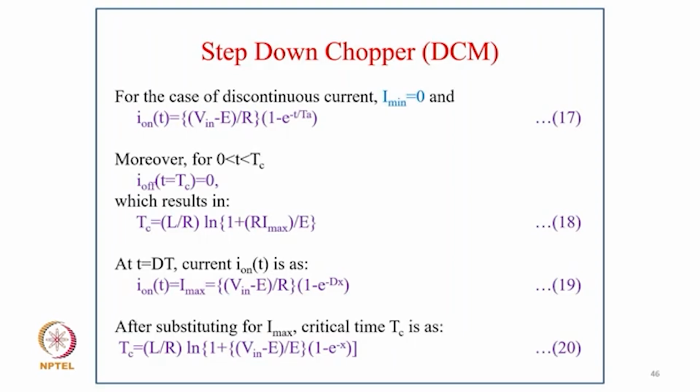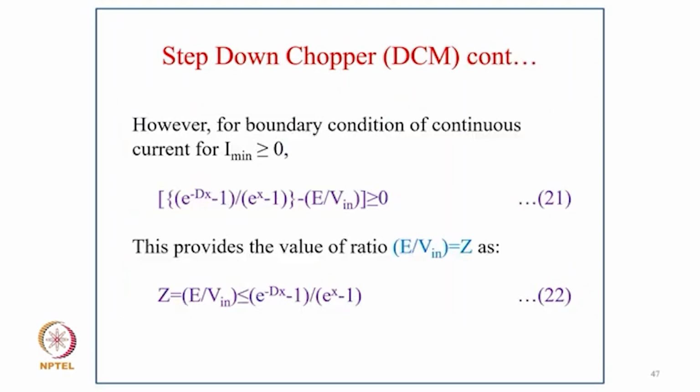I on at t equal to I max equal to (V in minus E) divided by R into (1 minus e to the power minus x), and after substituting for I max, the critical time constant T c is T c equal to L upon R logarithm in bracket 1 plus (V in minus E) divided by E into (1 minus e to the power minus x).